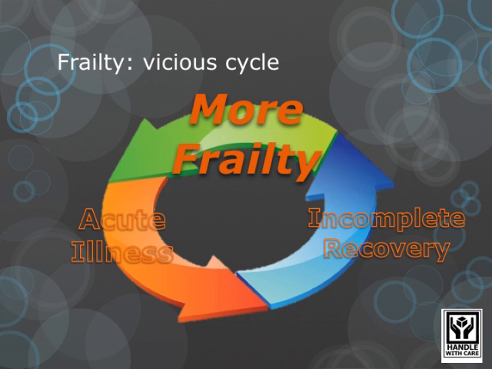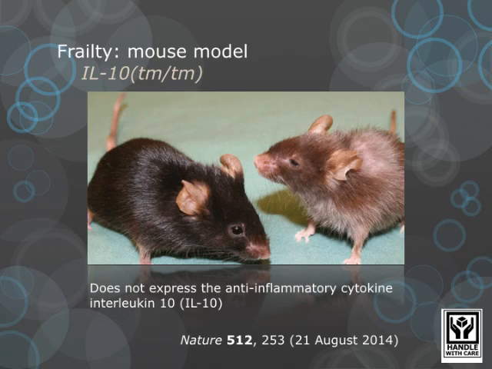So just to say that there is a sort of a physiologic underpinning or understanding of what frailty is. It's not just this concept. We actually think that it has a biological basis. There's actually mice that are considered frailty mice. And this one has interleukin 10 blocked. So it's a cytokine that is anti-inflammatory, and in this mouse, this one, the older looking mouse here, it's blocked.